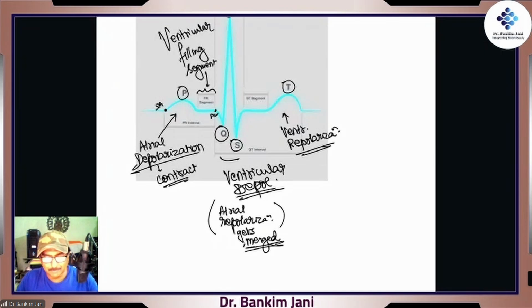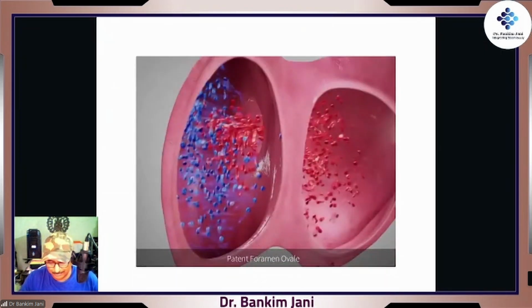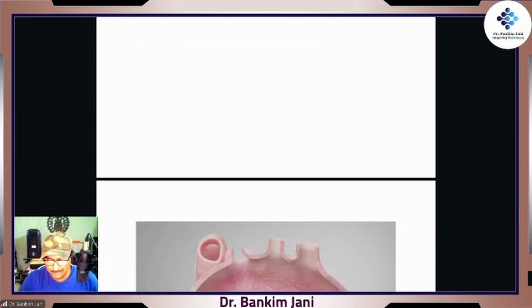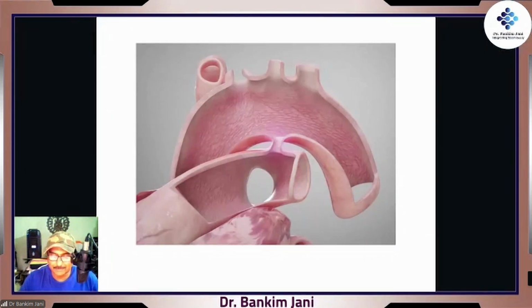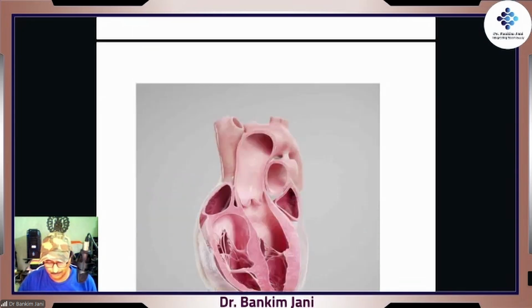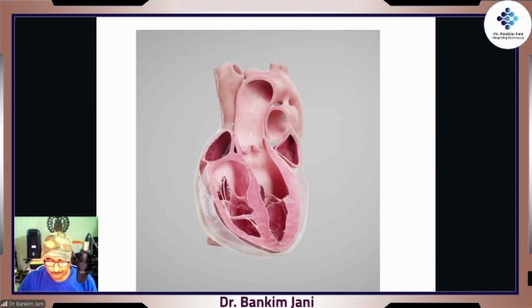So this was just the beginning of the ECG. We'll see patent foramen over there, some representation. This is PDA, patent ductus arteriosus. So like a cross section, how it really looks like. Just to show the musculature, how powerful.